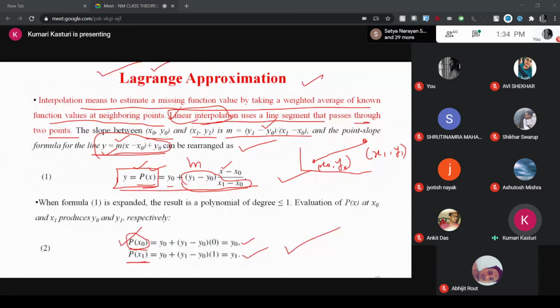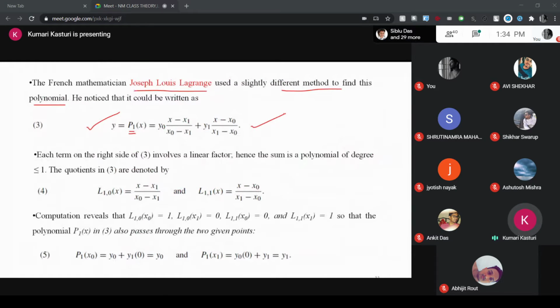You can check that it will come like this. He told that, okay, the same thing can be written like this. Why did he rearrange that equation? Because in this equation, the term x minus x1 divided by x0 minus x1, he has taken as one term, that is L10 of x.